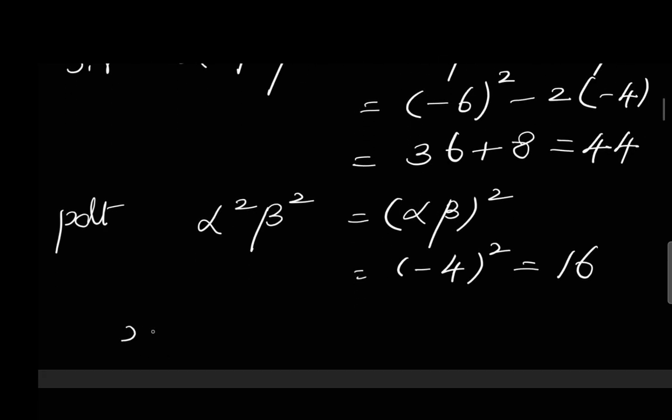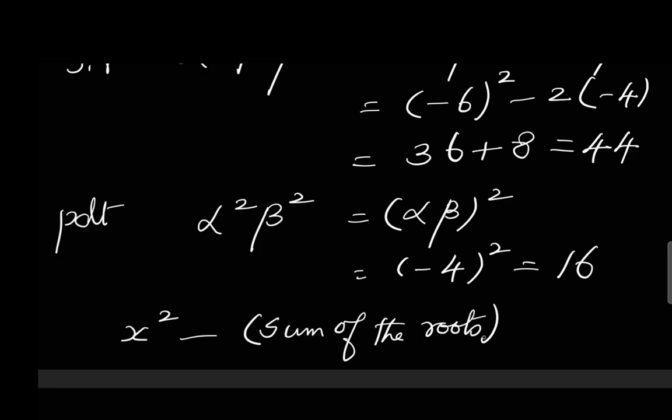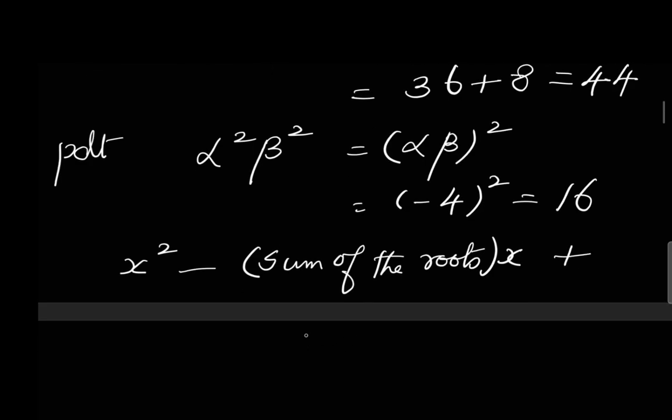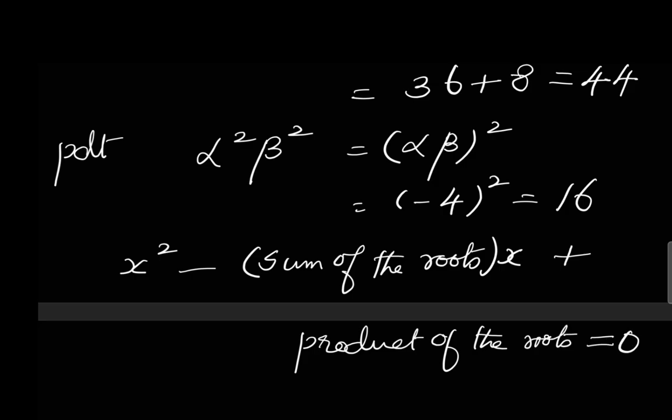So the equation is x squared minus sum of the roots, that is your x coefficient, plus product of the roots, that is your constant term, is equal to 0.